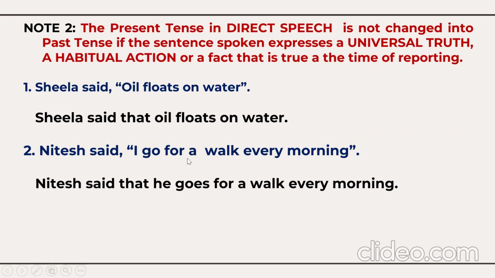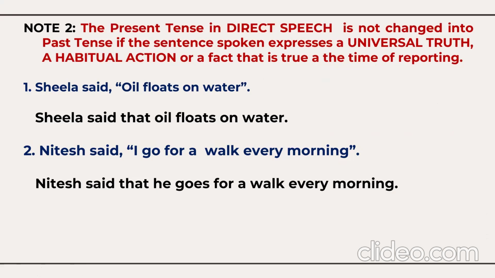Why? It's a habitual action. So these are the exception cases we have to keep in mind when we are solving the questions in the examination. Definitely, to confuse the students and to test their knowledge, an examiner will give one such question. So you need to remember.